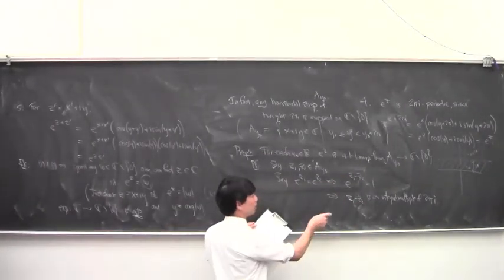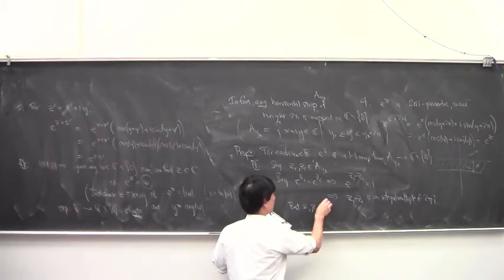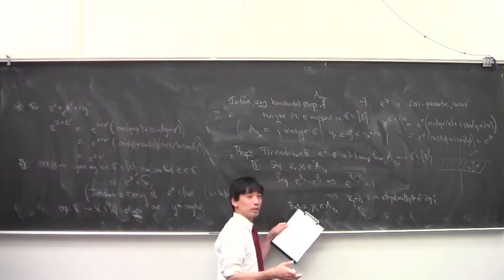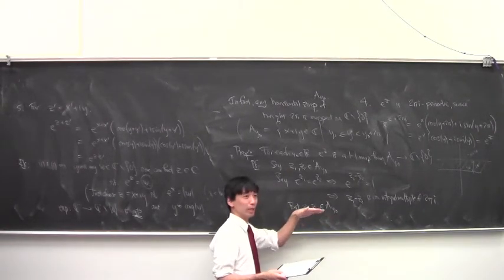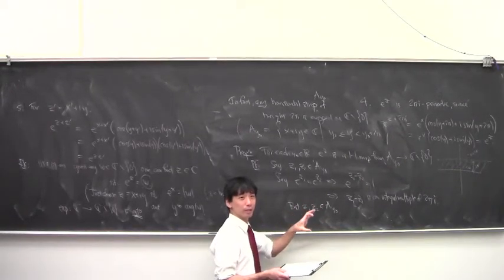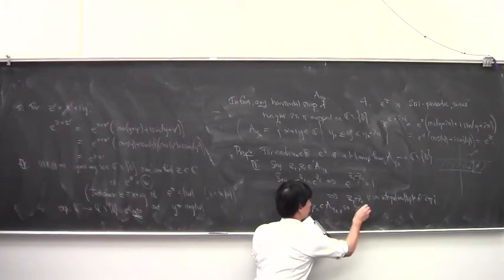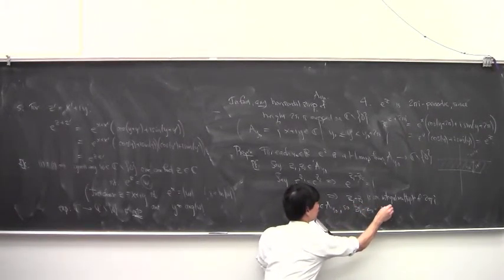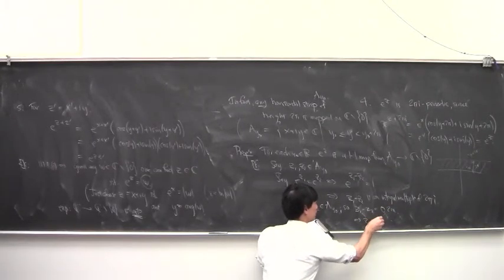Okay, but z1 and z2 both lie in the same strip, so they can't differ by more. The integral multiple of 2 pi i must be 0, because they lie in a strip of height 2 pi. So z1 minus z2 must be 0 times 2 pi i, and so z1 equals z2.